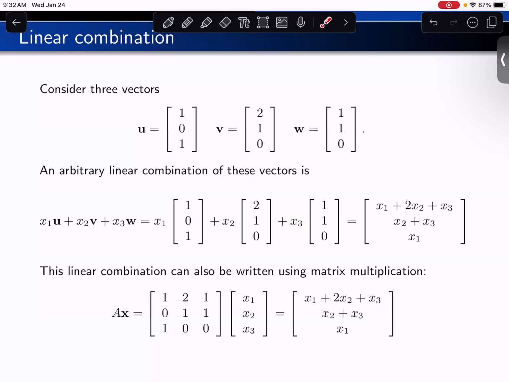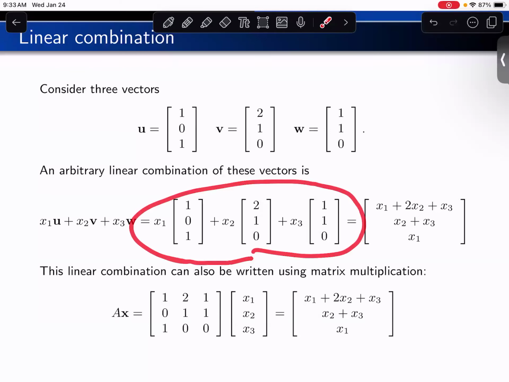And so from that alternate approach to matrix multiplication I was discussing, where we interpret matrix multiplication as a linear combination of the column vectors of a matrix, you can rewrite this linear combination as the following matrix product.